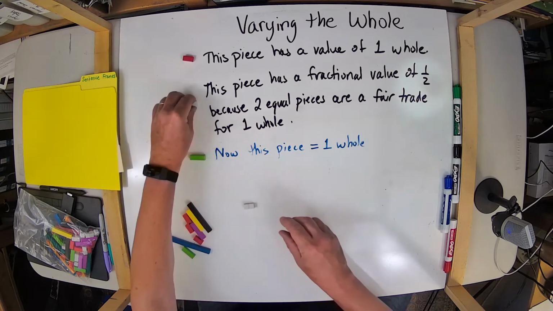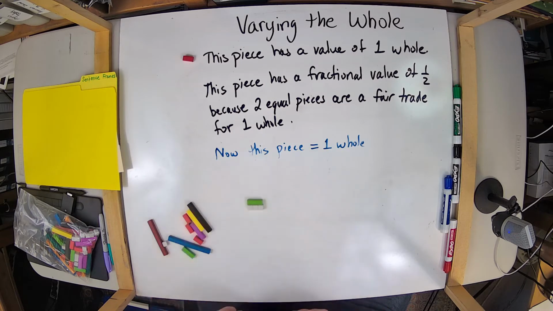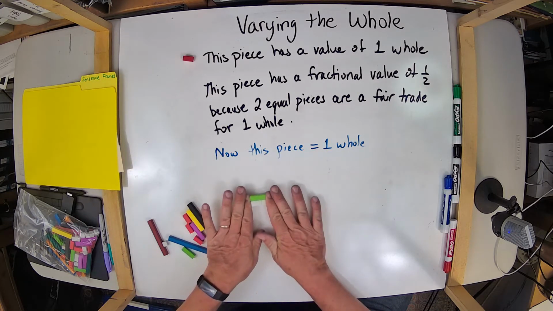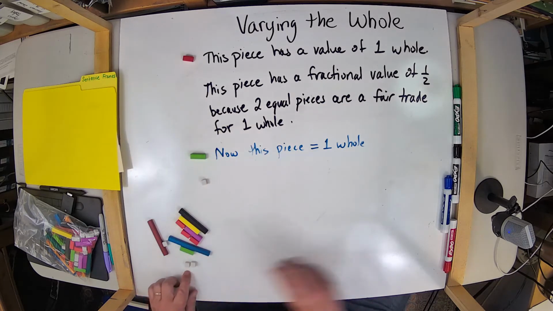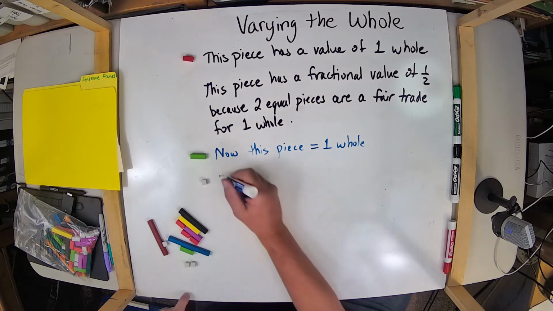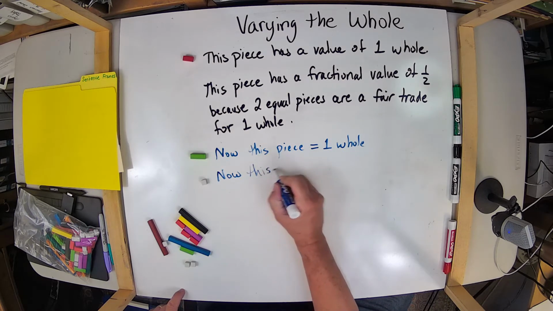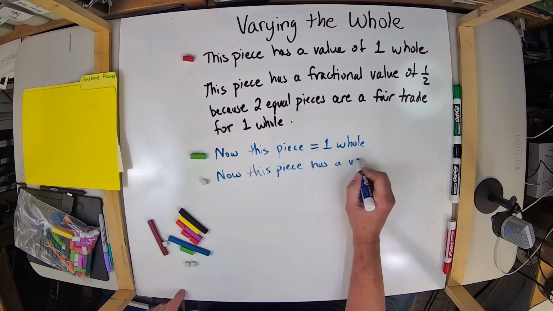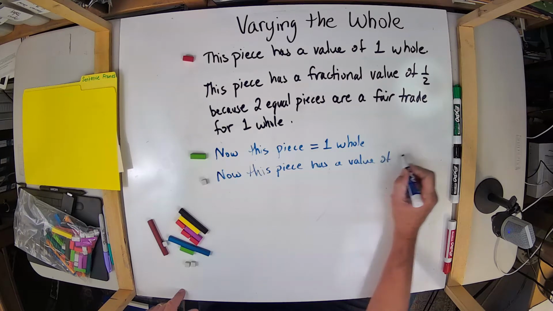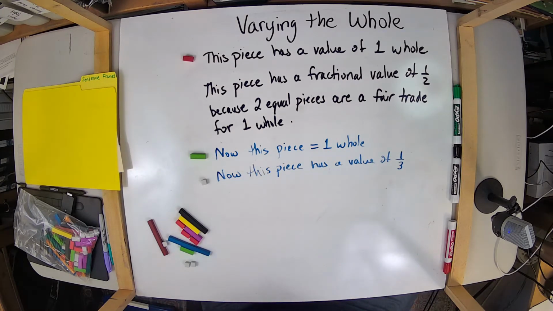And I would like students to say, oh, okay, now 3 of those blocks have the same value, or 3 white blocks are equivalent to 1 green block. And so now this piece has a value of 1/3, because 3 equal pieces are a fair trade for 1 whole.